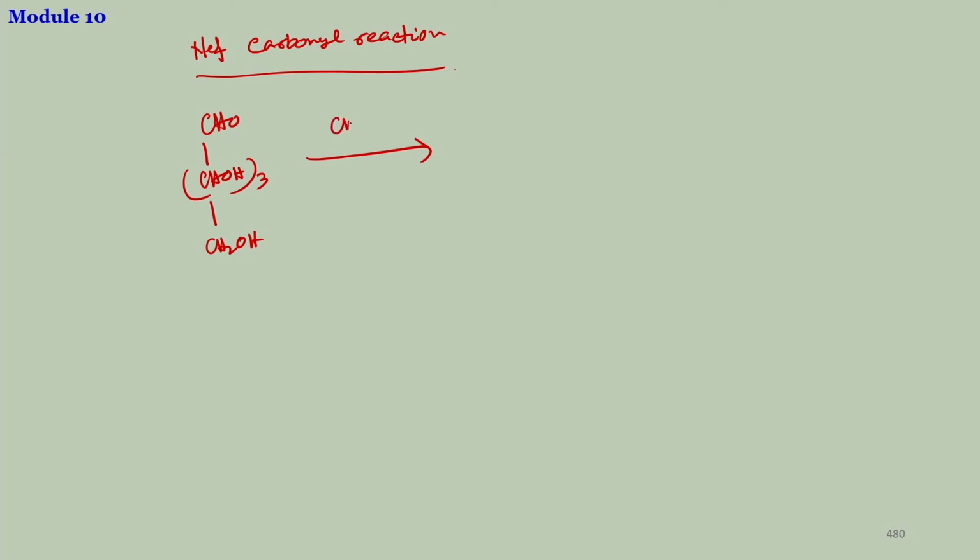If you treat this with a nitro compound, the idea is you have to create a carbanion that will act as a nucleophile to attack the aldehyde. So, you have to use a base, OH minus containing, or I will simply write base. Many different kinds of bases can be used. So, base will actually produce a carbanion, CH2NO2.